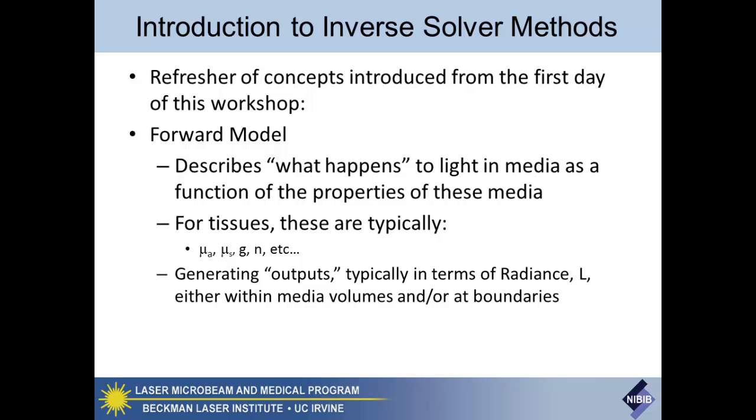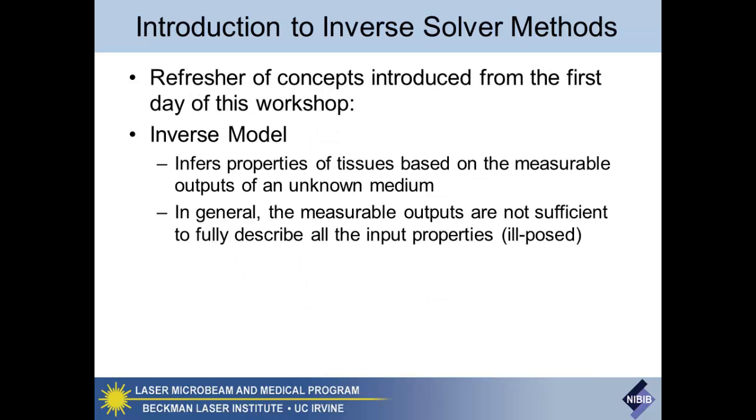I'm using radiance a little loosely here. And with the inverse model, the idea is to infer those optical properties of tissues based on the measurable outputs of the unknown medium.